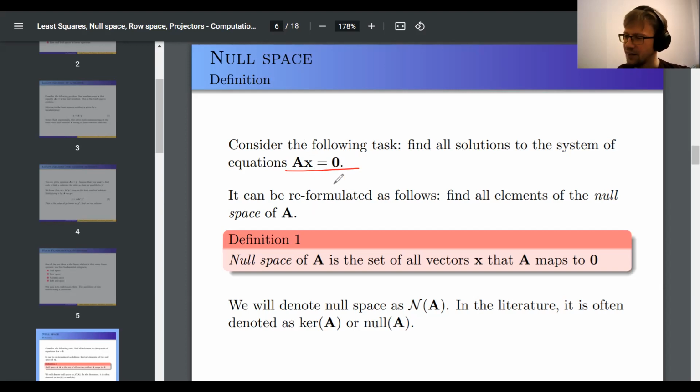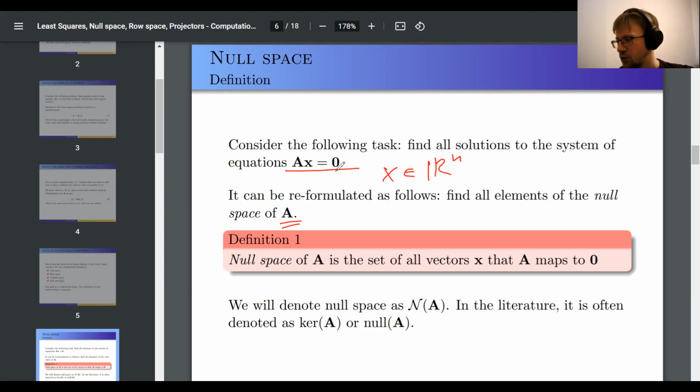We can rewrite this as follows. Find all elements of the Rn space, so all x in Rn, that belong to the null space of A. That is actually equivalent. Those are equivalent formulations.